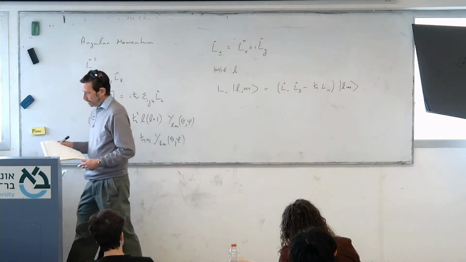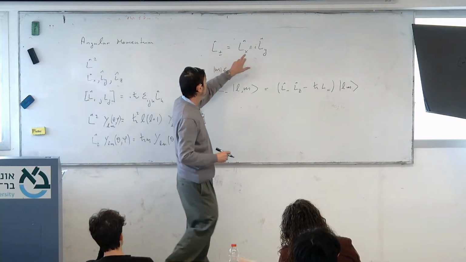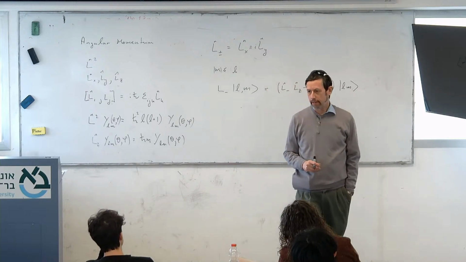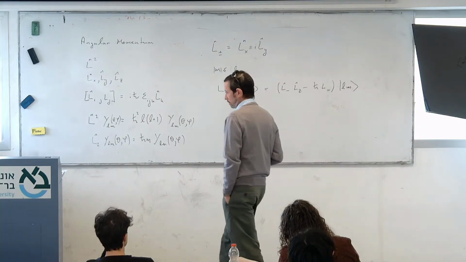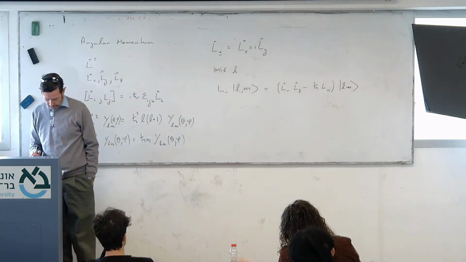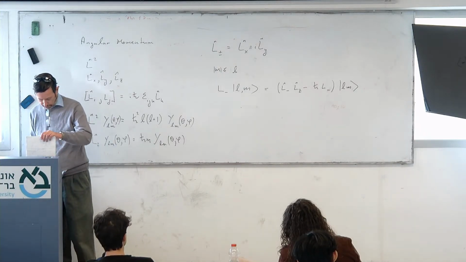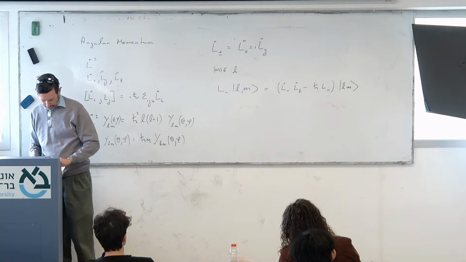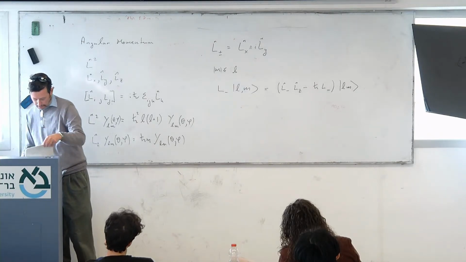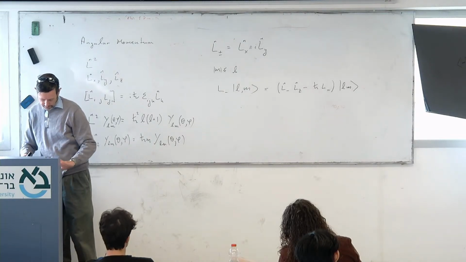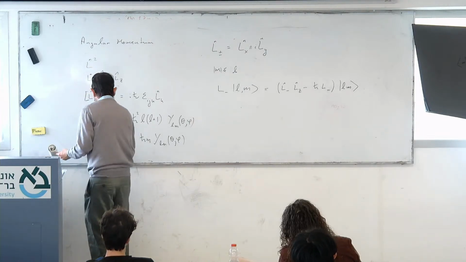From where did we take that? Out of the commutation relation between L minus and Lz. I think we have given it in the previous lecture. Let me just check. Yep, it's appearing. Let's write it here.